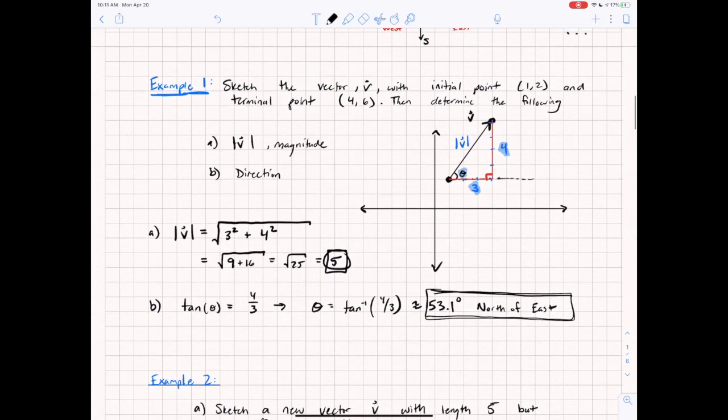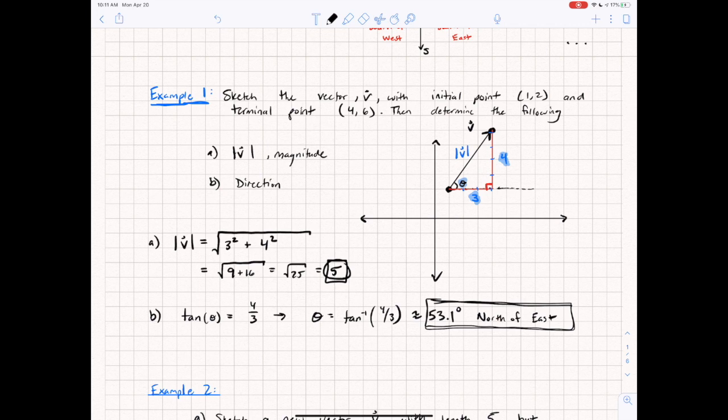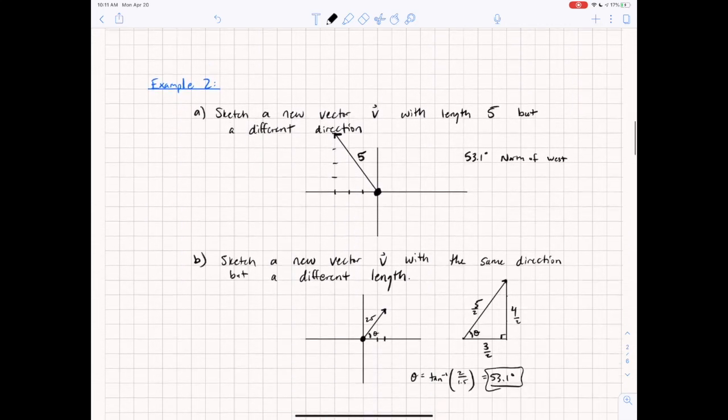The only reason I drew this vector in example 1 the way I did was because I was told that I had this initial point, 1, 2, and 4, 6, and was then asked to find the magnitude and direction. But remember that a vector is defined in terms of just these two things, meaning the initial point can be anywhere I want. Generally in standard position, we always put a vector at the origin, and that's what you saw me do here in example 2.